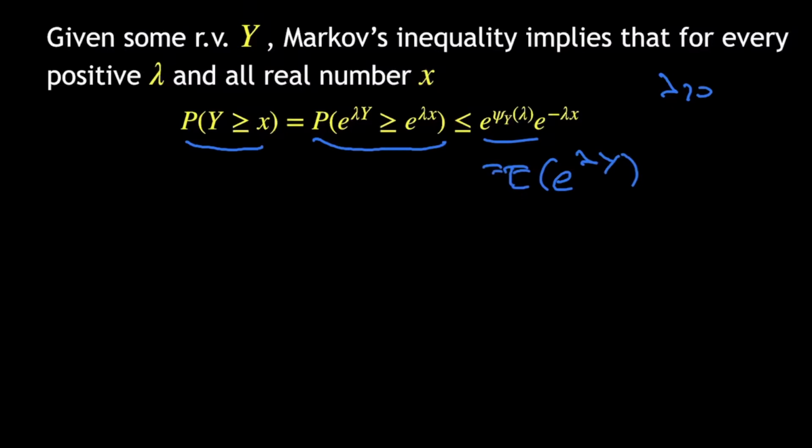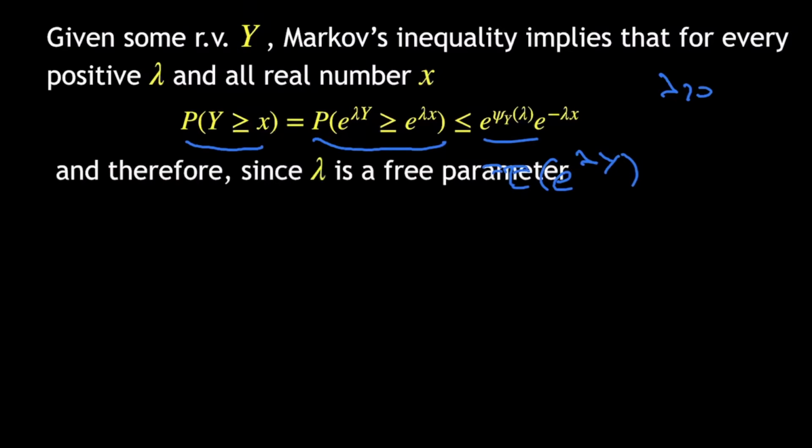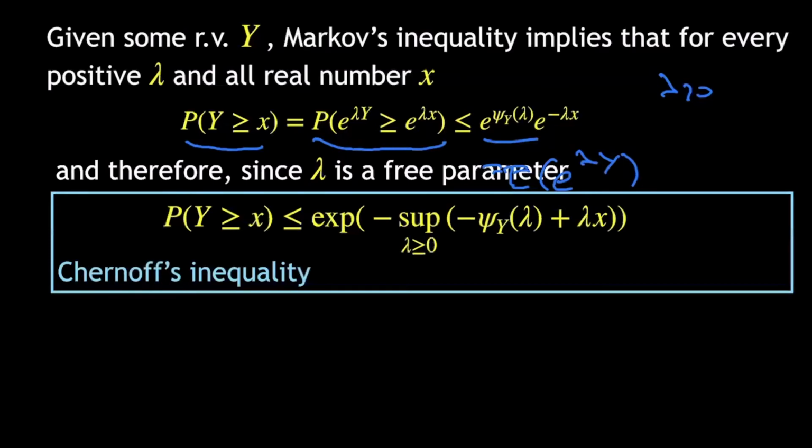And of course, this is true for all values of lambda. And so lambda is a free parameter, and you can optimize the inequality that you've got above. You can optimize it over all possible values of lambda. And this leads you to what is called Chernoff's inequality.